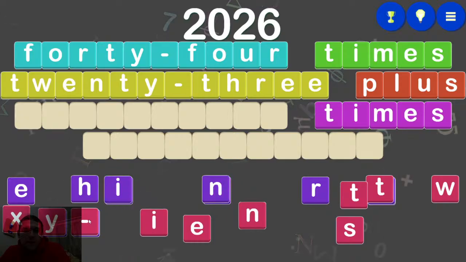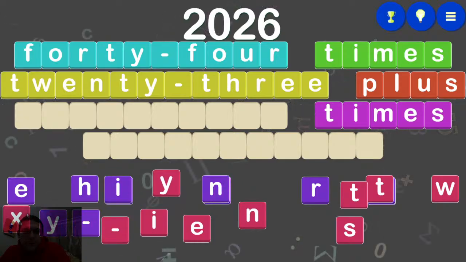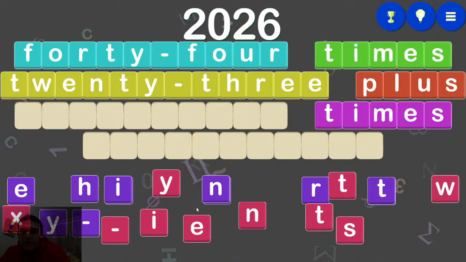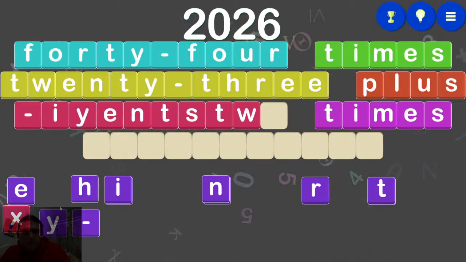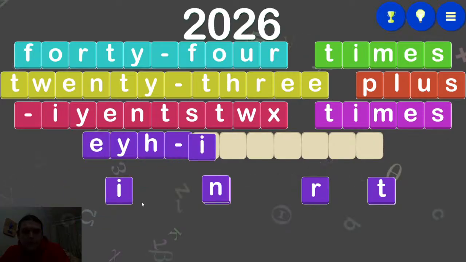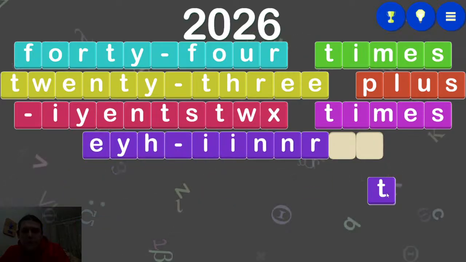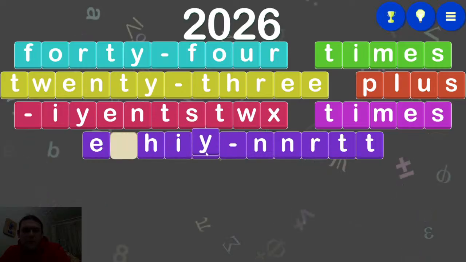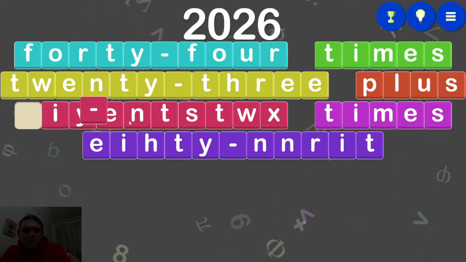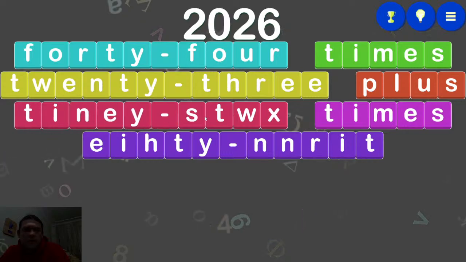And I think we have 13. No, we don't have 13. We have also two-digit numbers. Let's look at them. First one goes here, another one goes here. Of course, it should be maybe somewhere in the middle.